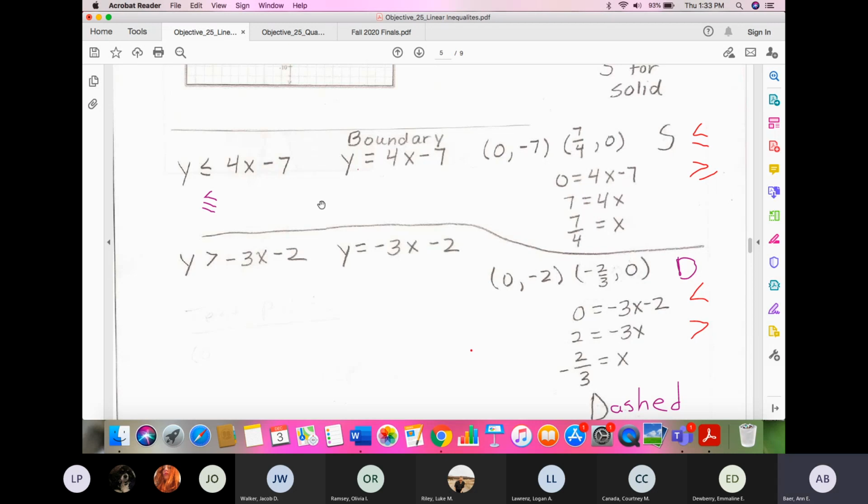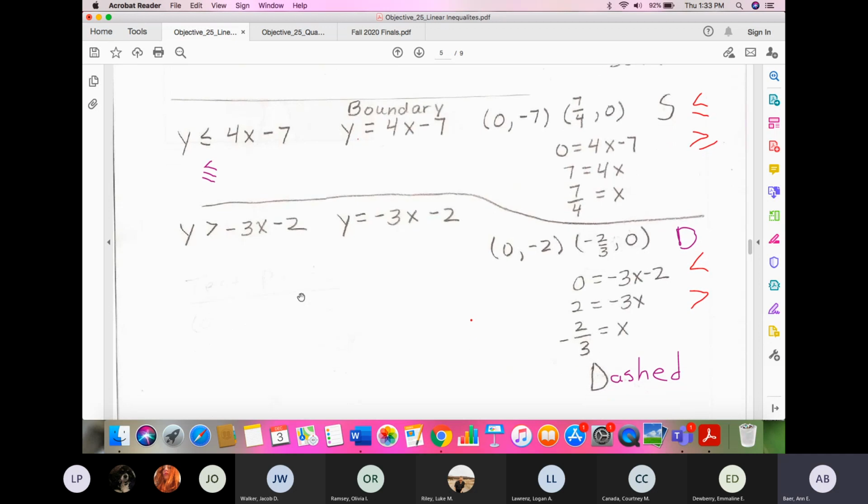So that's what I'm going to look at because I want to show you that. 0, negative 7, and then 7/4, 0. And then the next one, the 2 ordered pairs are 0, negative 2, and negative 2/3, 0. Solid, dashed. I did my S and my D as well. So let's go on, unless you need more time.